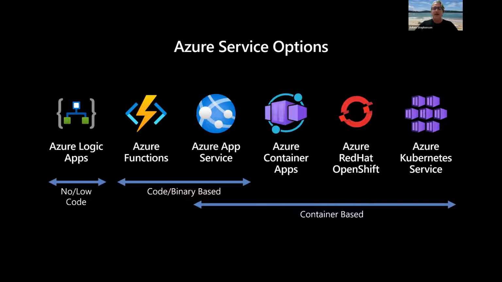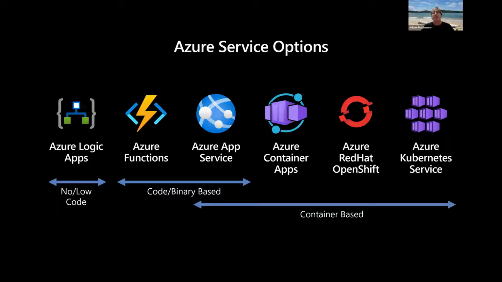Just quickly touching on a few things, there's lots of different ways to deploy things in Azure. Everything on the screen is able to run containers. You can take a container and stick it in a function. You can run a container in App Service. Then you've got Azure Container Instances.